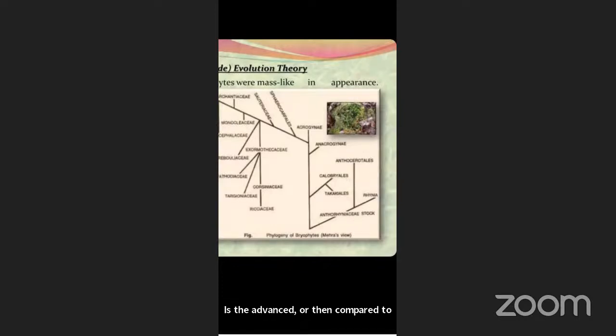Retrogressive reduction theory means going from complex to simple structure. But the progressive evolution theory goes from simple to complex structure. That is the progressive evolution theory. Clear?